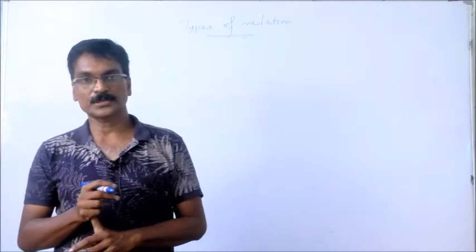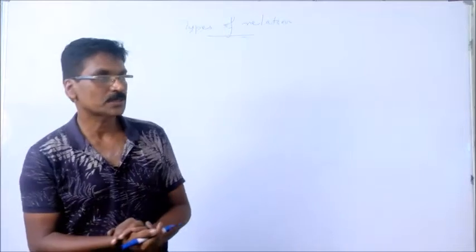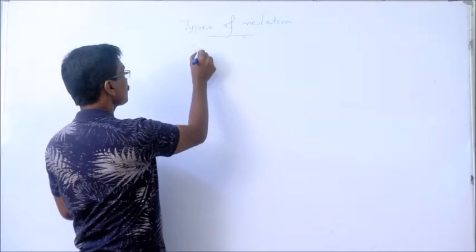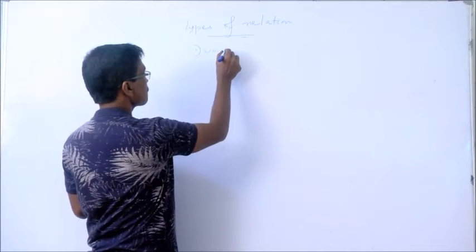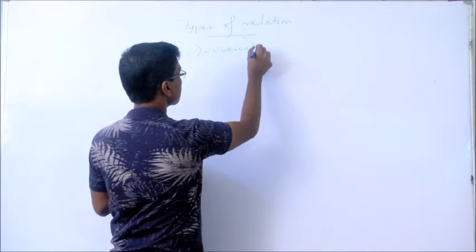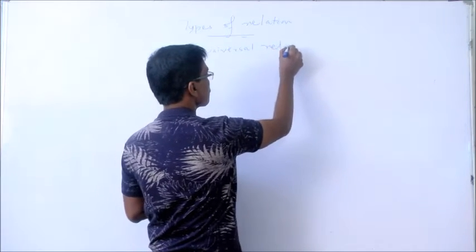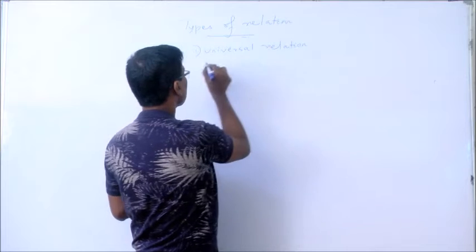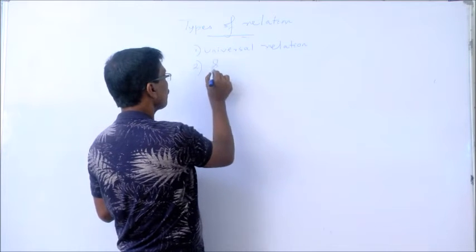Initially we have two types of relations. One is called universal relation, second one is empty relation.